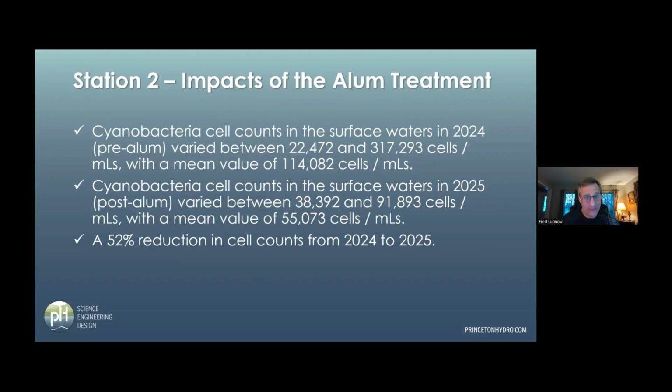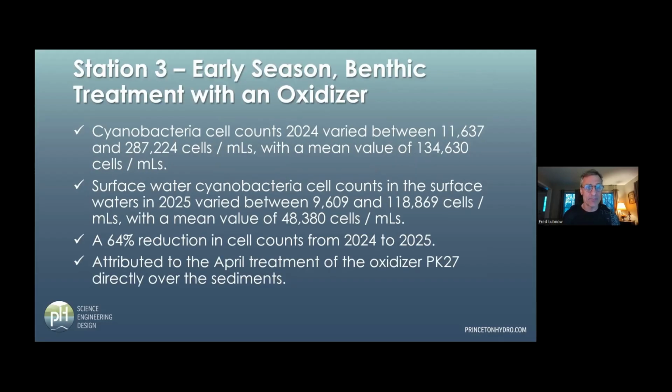The year after the alum was added, that mean value was 55,000 cells per mil. So that was essentially a 52% reduction in the cell counts from 2024 to 2025. So again, this data is really showing us that alum had a beneficial result in terms of improving water quality at Lake Hopatcong.